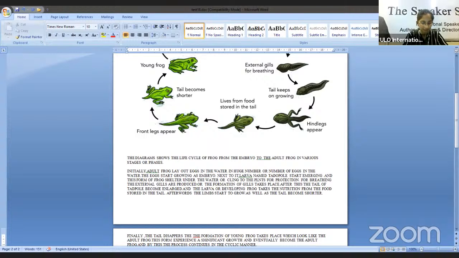Why have I started from adult frog? Because we can see a number of adult frog everywhere. I think most of the students have not seen this cycle or tadpole of the frog in their lifespan. So start from the stage adult frog, or you can say about the eggs. From eggs, the adult frog appears.